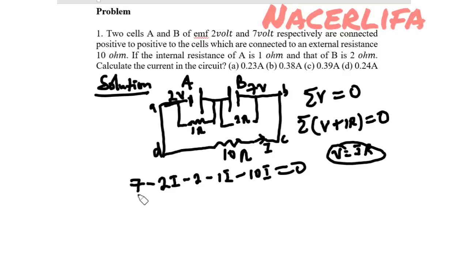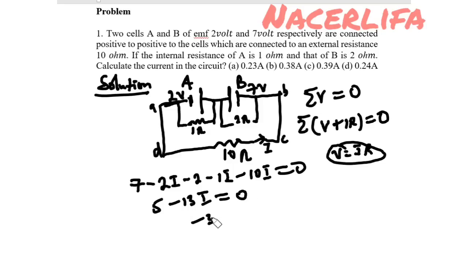So what do we do here? We say 7 minus 2 is 5. Then minus 2 minus 1 minus 10 is minus 13I. Everything should equal 0.